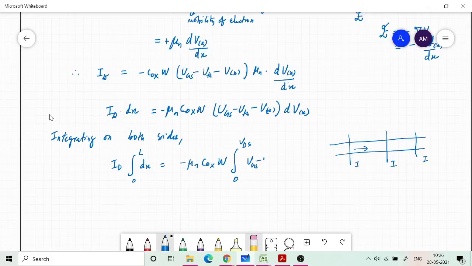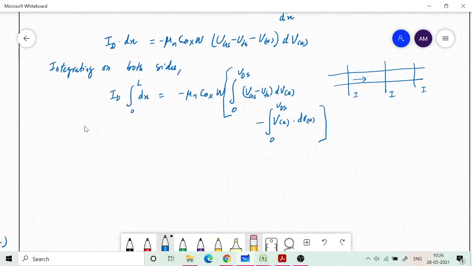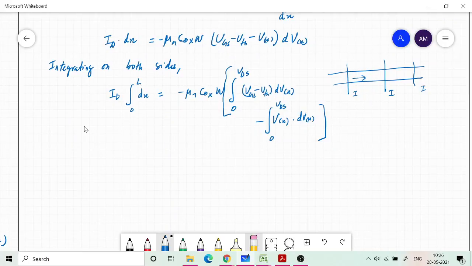That is one term, and the other term is basically minus V of x dV of x, with limits 0 to VDS.